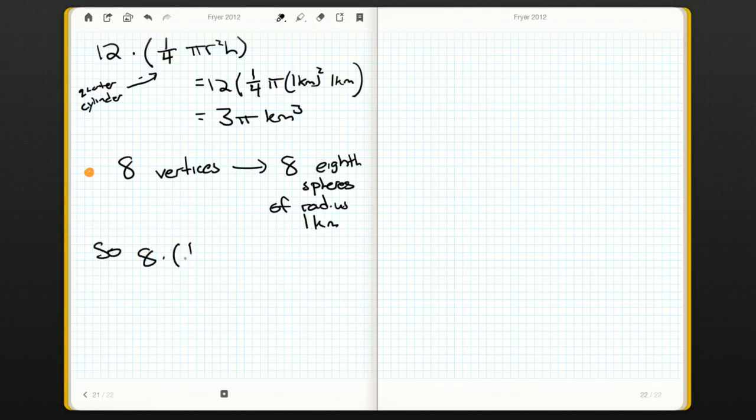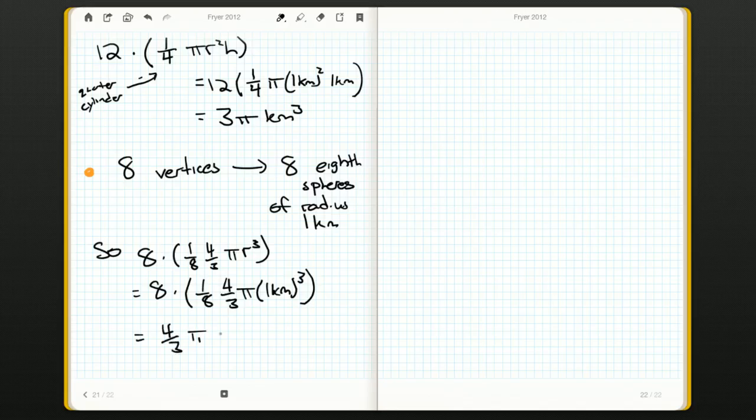So 8 times 1/8, 4/3 pi r cubed. The 8 and the 1/8 will cancel out, but I'm just leaving it in here for conceptual reasons. 1 kilometer cubed. So that'll be 4/3 pi kilometers cubed. And those were each of the sectors that the baby space ant could move.